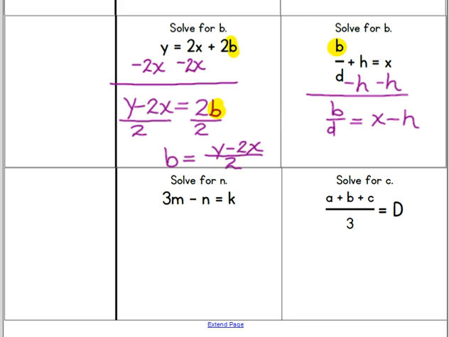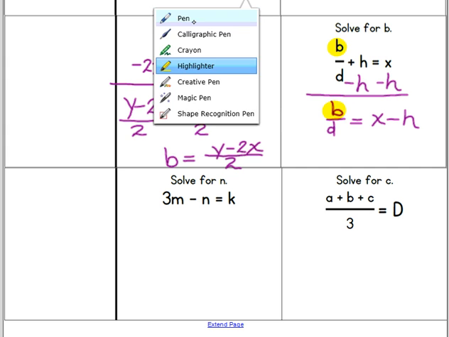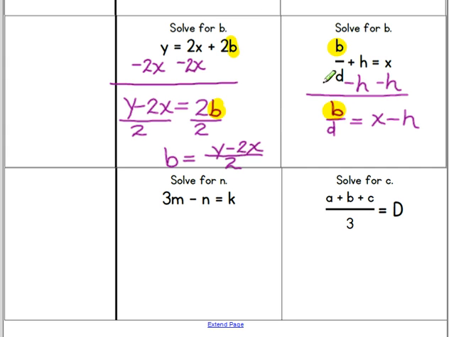And so since we're trying to get b by itself, we need to undo the division of d. And so to do that, we need to multiply by d and multiply by d here.